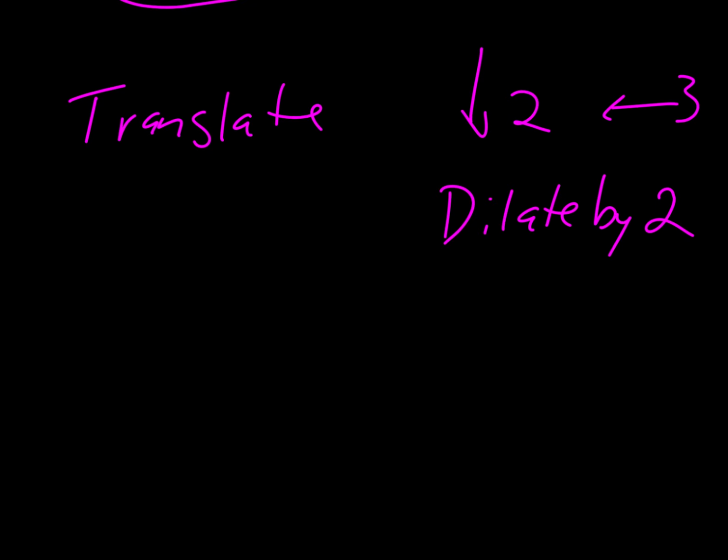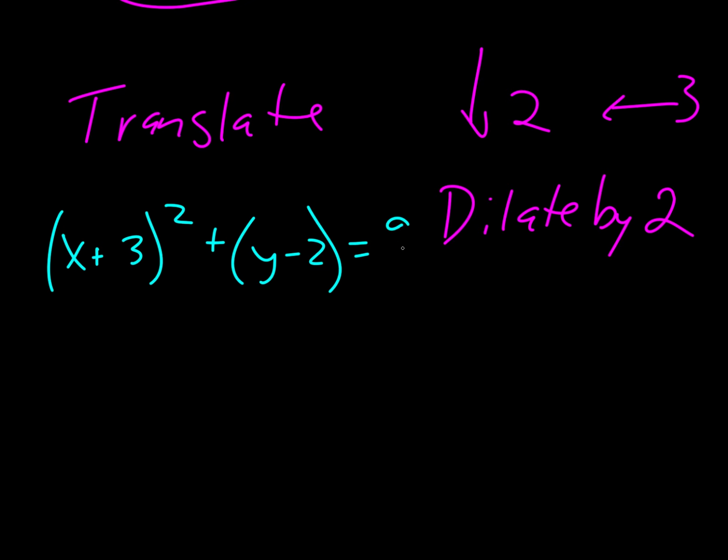Okay, and the circle that we're given is x plus 3 squared plus y minus 2 squared is equal to 9. So the first thing we want to do, we want to pull out the original information. So the original center is negative 3, 2. Once again, change the sign, and then the original radius is 3. We square root this number.